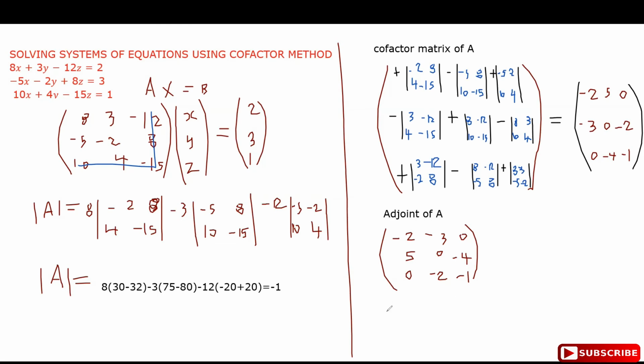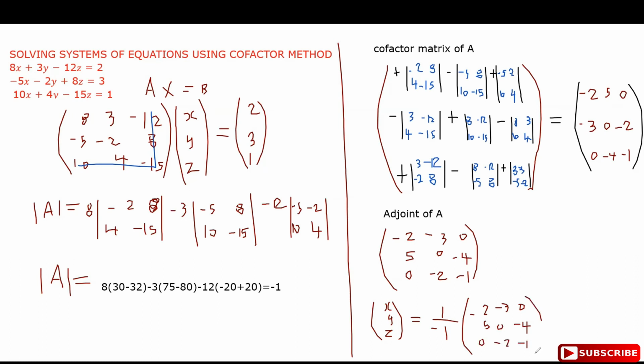And so now we can actually solve the system, because now we can say that X, Y, Z is going to be equal to A inverse, where A inverse is 1 over the determinant of A, 1 over minus 1, times the adjoint of A, which is minus 2, minus 3, 0, 5, 0, minus 4, 0, minus 2, minus 1.